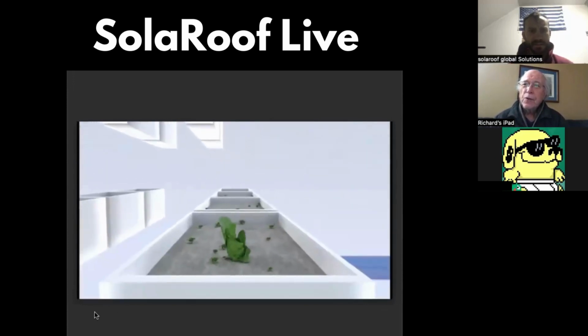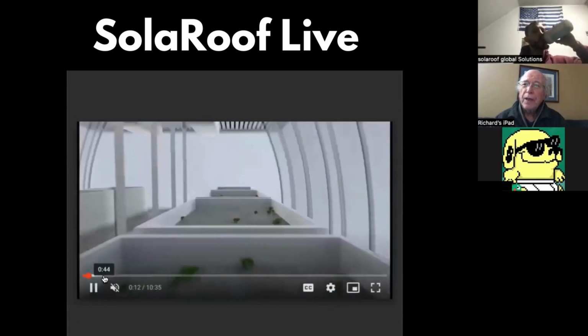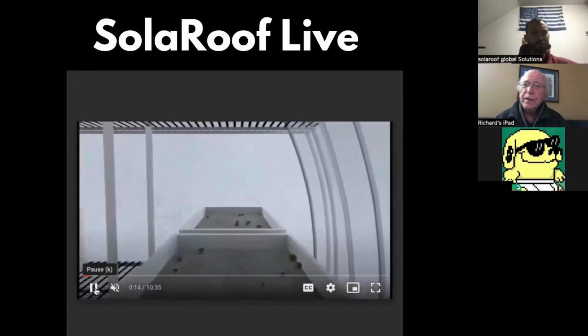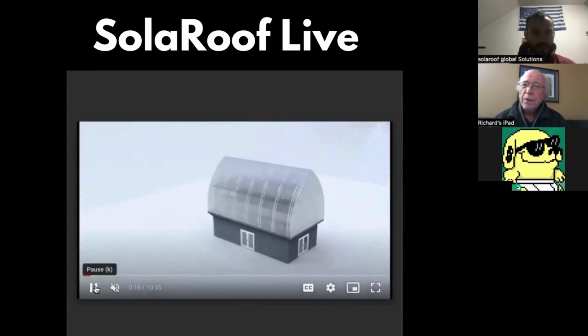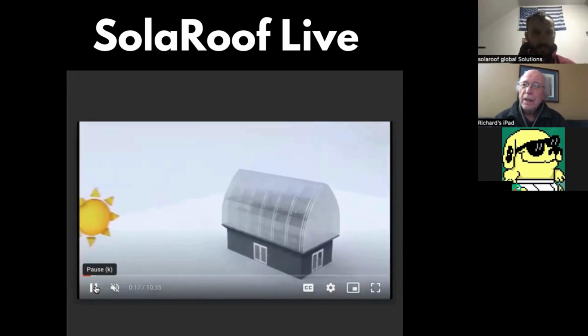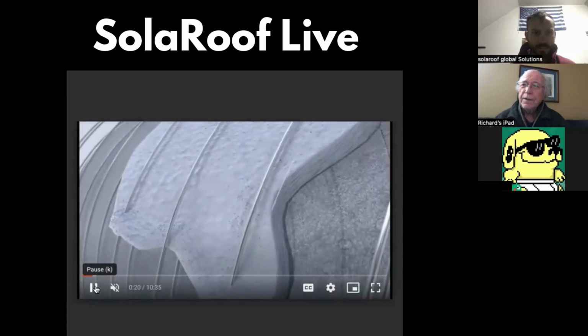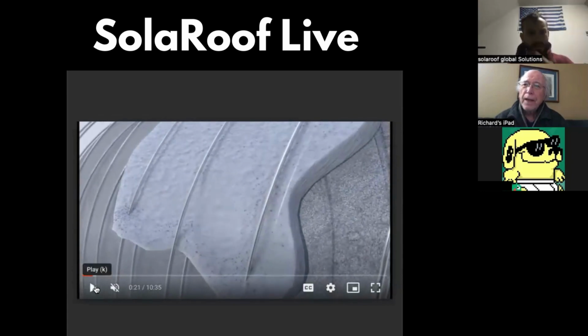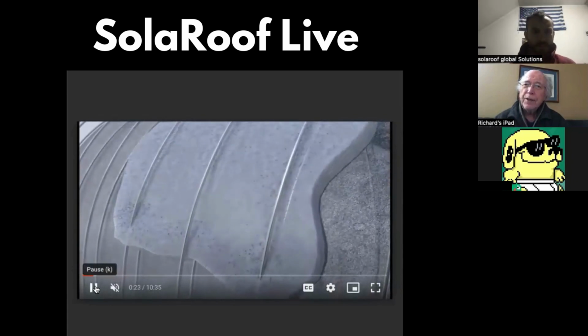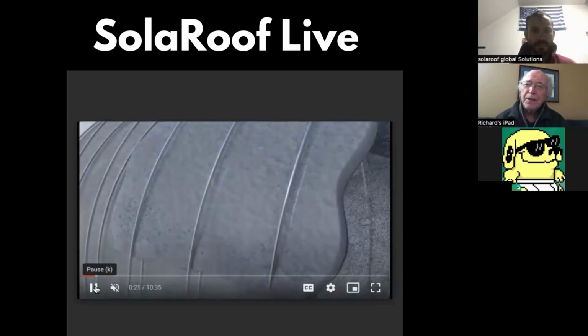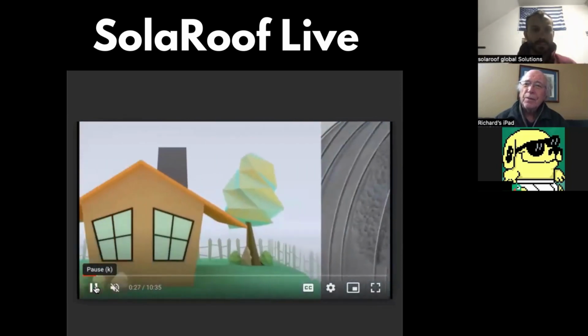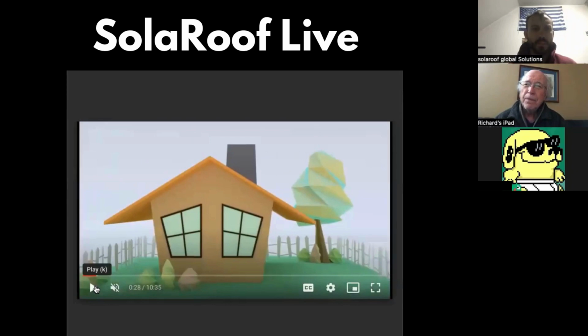But this is just showing the aquaponics. So you've got the fish, you've got the hydroponic growing. It's all enclosed here in a controlled environment, a greenhouse, as we say. And that's not a really great image, but it's trying to show the soap bubbles insulation.